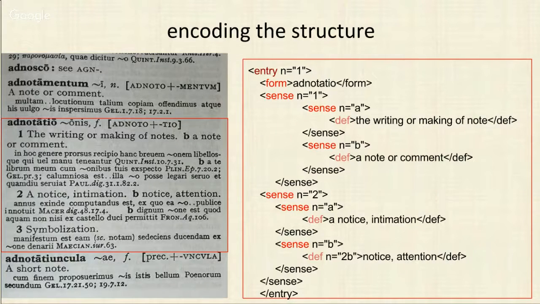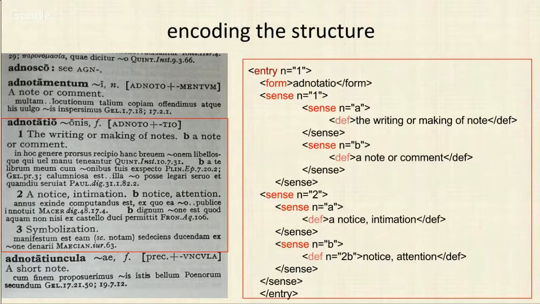And then we start representing the various senses it has with numbers 1, 2, 3, and then under them sub-senses with A and B. And we use the def element in order to put the text there that is the definition of the sense A. So a combination of abstract and concrete information that is in the dictionary in order to create a schema that can be read by a machine. And this to the end. Now, this is the basic structure.